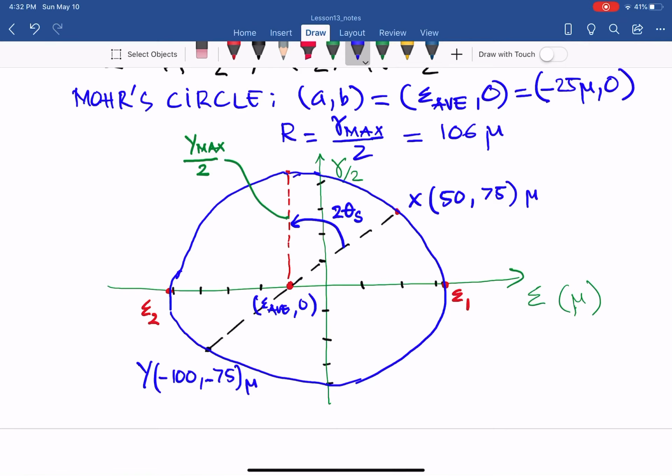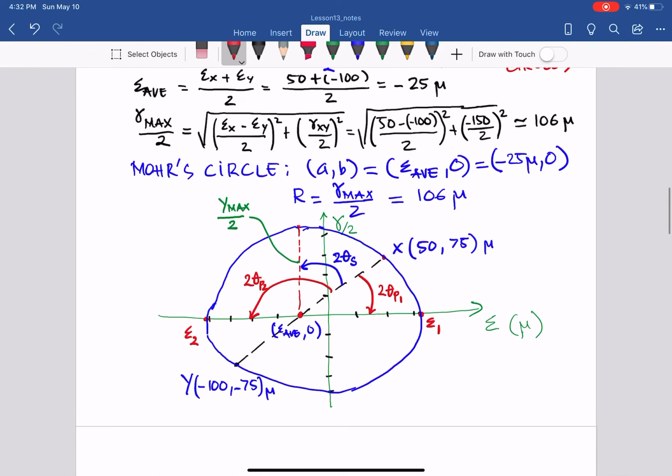Everyone okay? And then the angle from here to there is 2 theta p1, and we already know, all the way from the positive x-plane, and then from there to here we have 2 theta p2. So that's what we have for the Mohr circle.